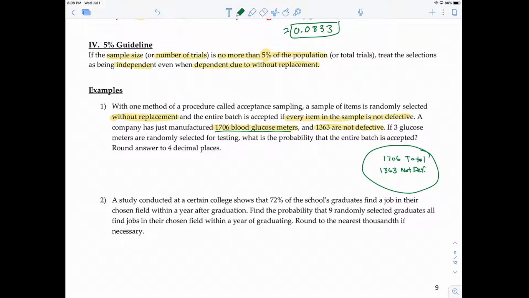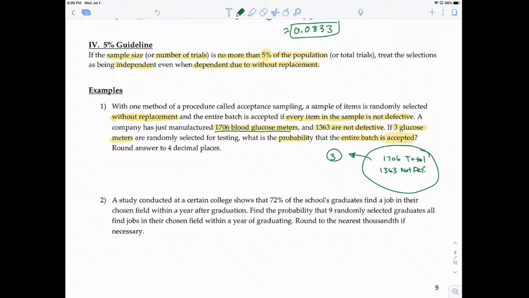It says if 3 glucose meters are randomly selected for testing, so that's going to be our sample that we're going to use to test, what is the probability that the entire batch is accepted? So we select 3, our sample consists of 3. How can we get the entire batch to be accepted?